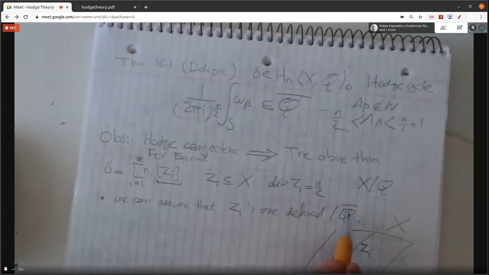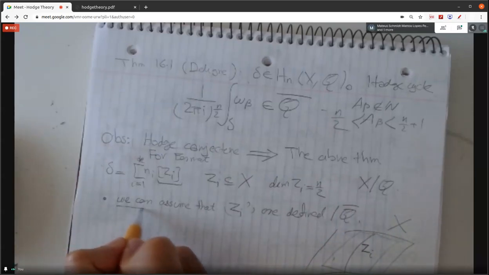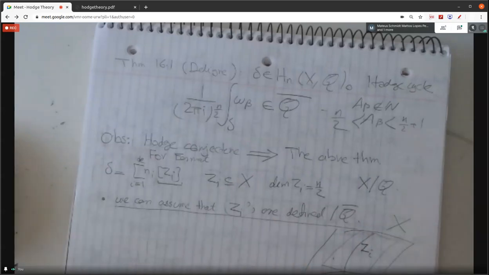What this means is that you have used a transcendental number in the defining equation of Zi. But with a little bit of effort, we can transform these transcendental numbers into variables, and then it turns out that the Zi becomes a family. And this family is defined over Q bar, and then we define a member of the family which is with coefficients in Q bar. So at some point I can start explaining this phenomenon.